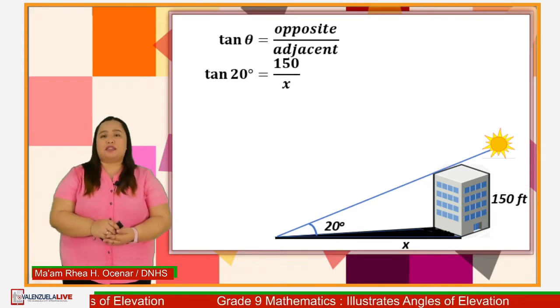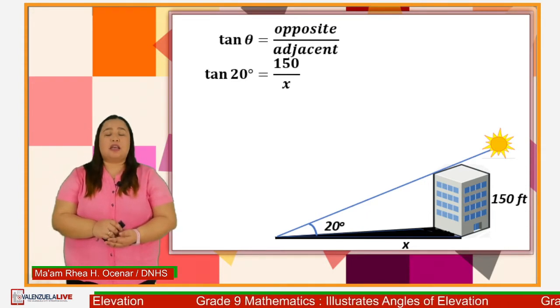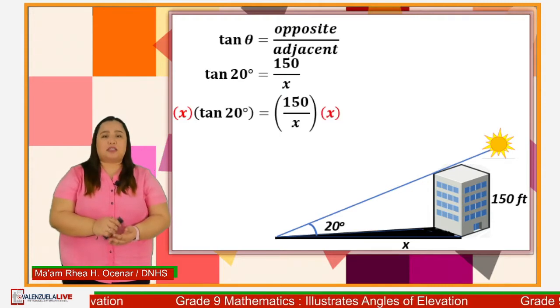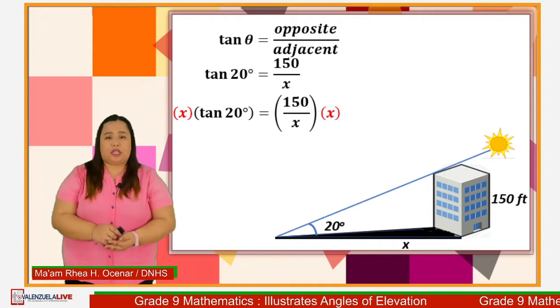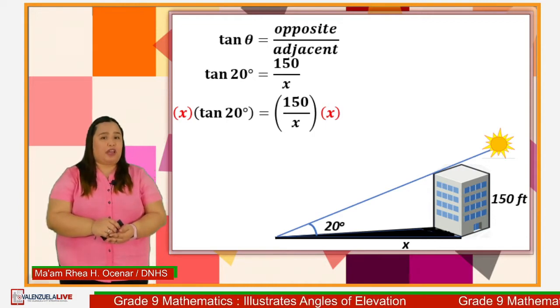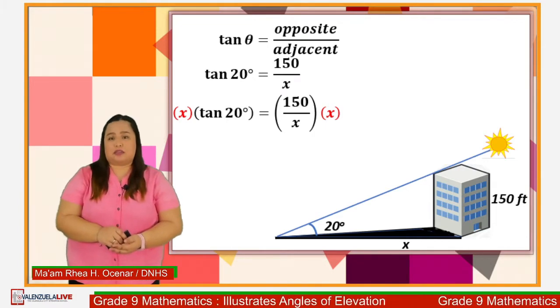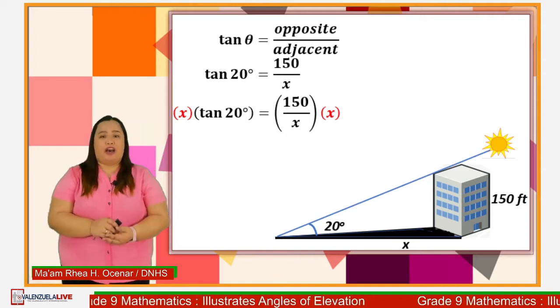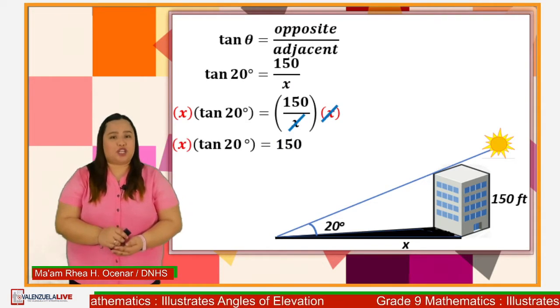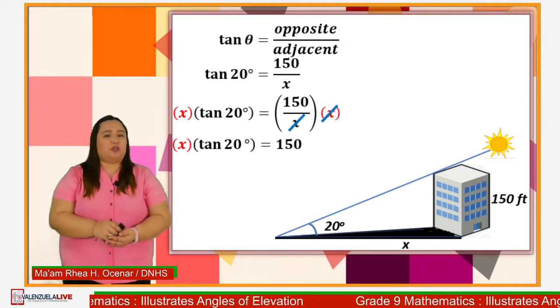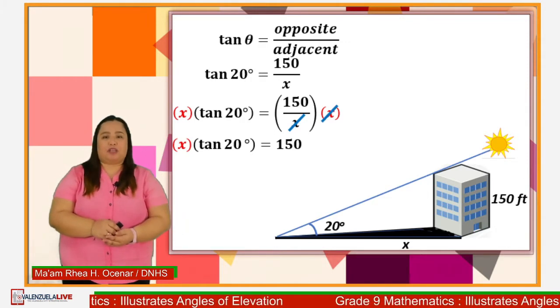Multiply both sides by the LCD x and we have x times tangent 20 degrees is equal to the quantity 150 over x times x. Simplify, we have x times tangent 20 degrees is equal to 150.